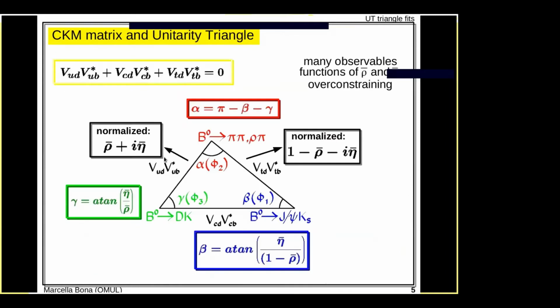And in fact, if I expand here, every side and angle of this triangle can be connected to a number of observables, a number of processes. And I mention here the main ones that I'm going to talk about. They are all basically B decays, B processes.